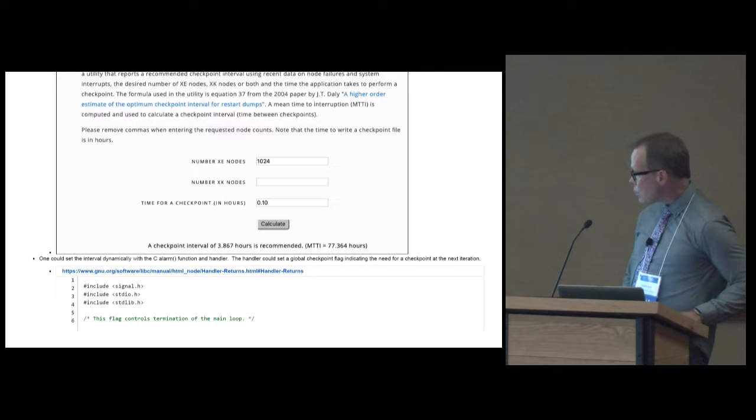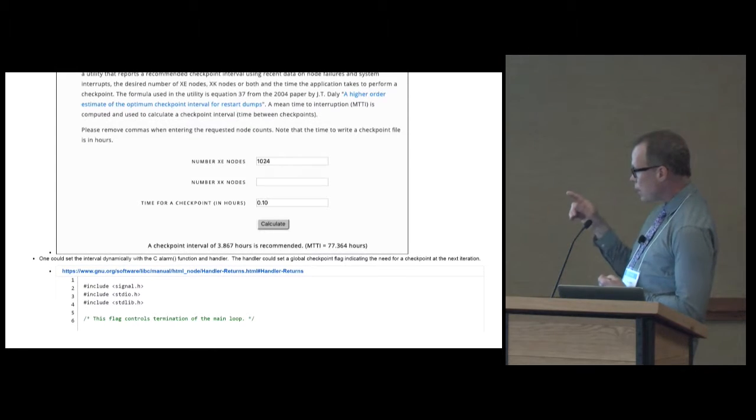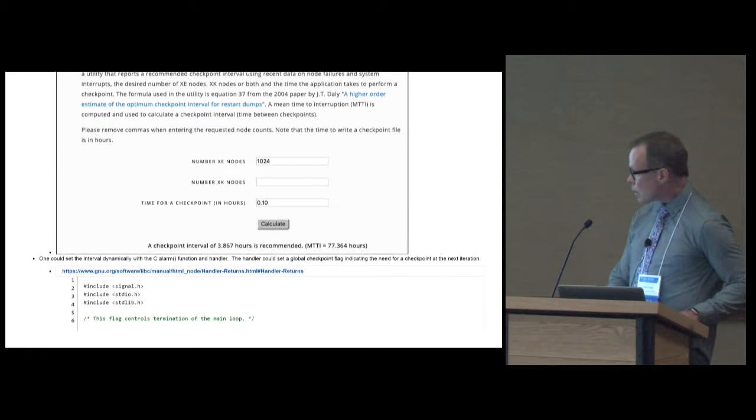And then this last one, I have a way to hack in a checkpoint if you've never done one before in a C code. So my idea here was to use the C alarm function. So here's a little example of that.